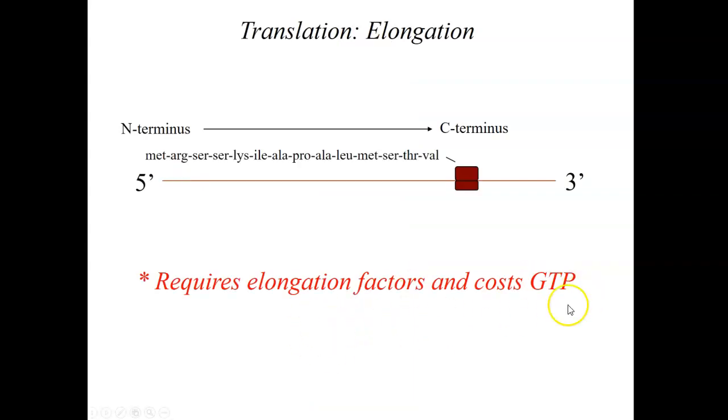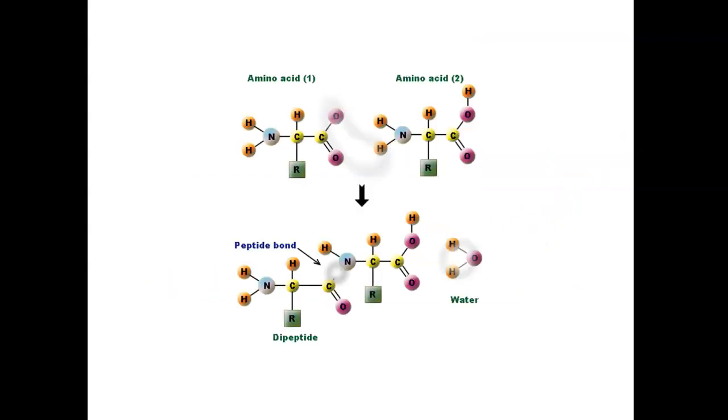And that's going to just progress until ultimately we hit one of those stop codons that we've already discussed. And this whole process takes energy. Again, that's going to be in the form of GTP. Now, one thing that's really important to point out is that we will oftentimes refer to a protein as having an amino terminus or a C terminus, the carboxylic acid terminus.